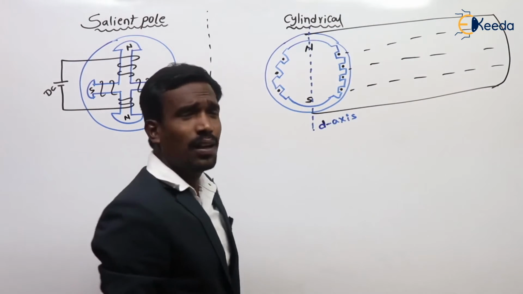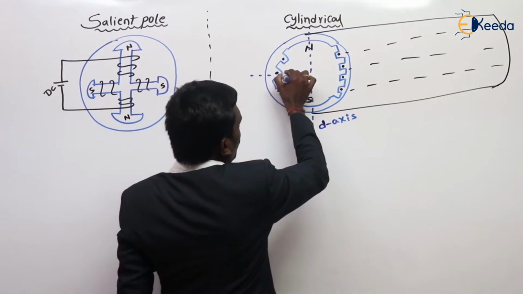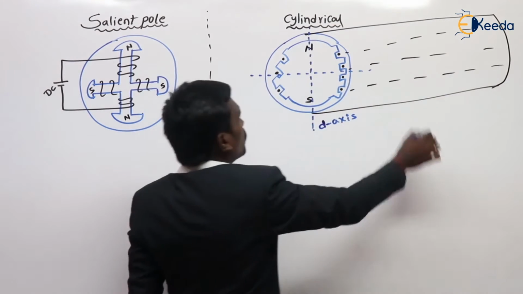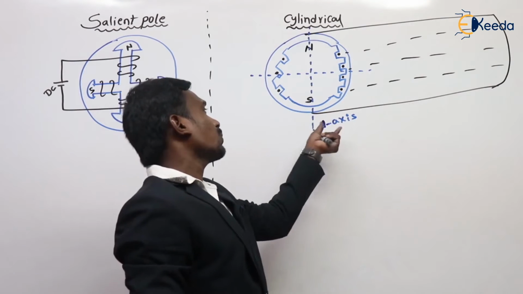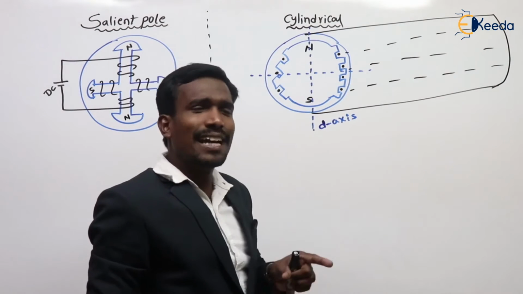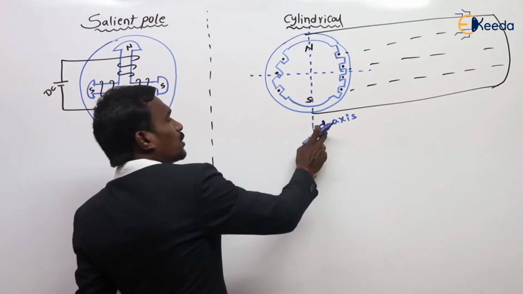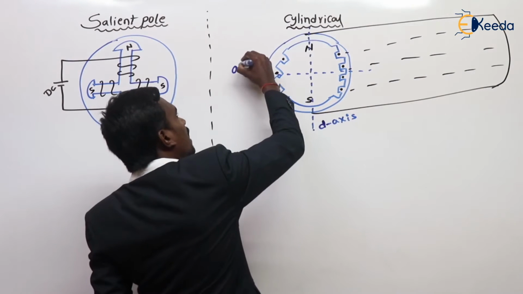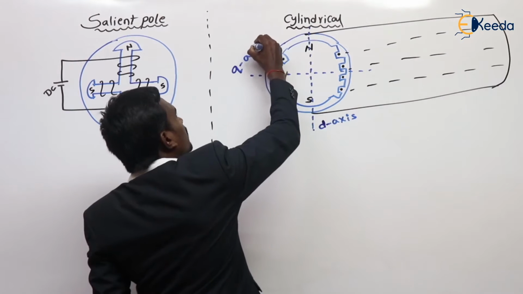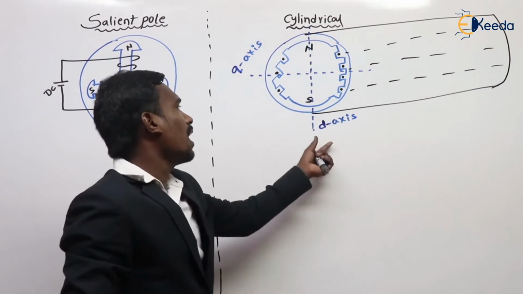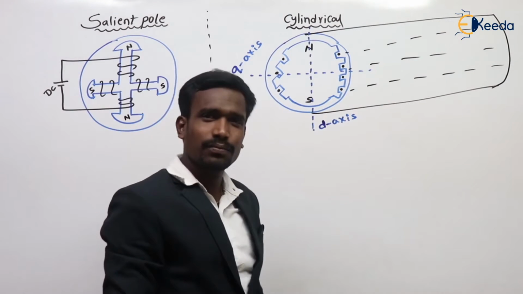Exactly. And the axis at 90 degrees, in quadrature to the D axis, is nothing but the Q axis. This is my Q axis and this is my D axis.